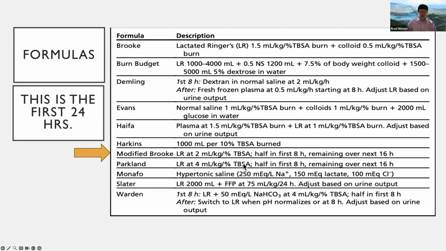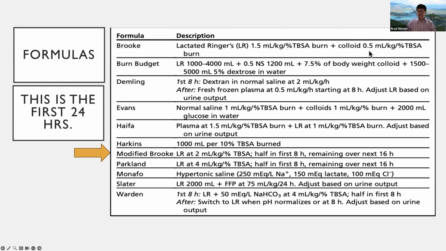and at the 6-hour mark, not the 8-hour mark, if we are not achieving our goals, and we'll talk about what those goals are in a few moments, we add in albumin. That would be a colloid. So we will add in something from the original Brooke.